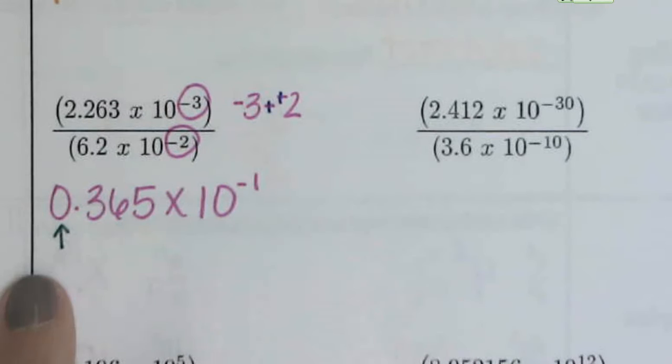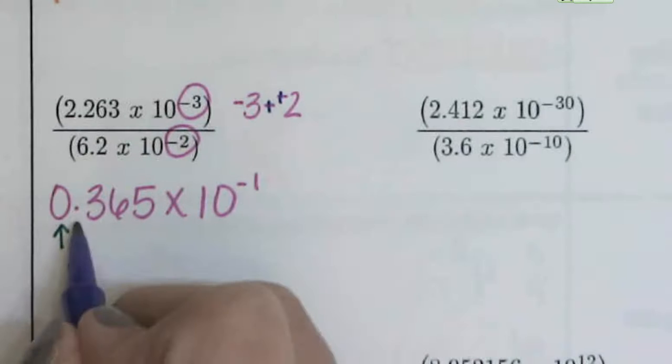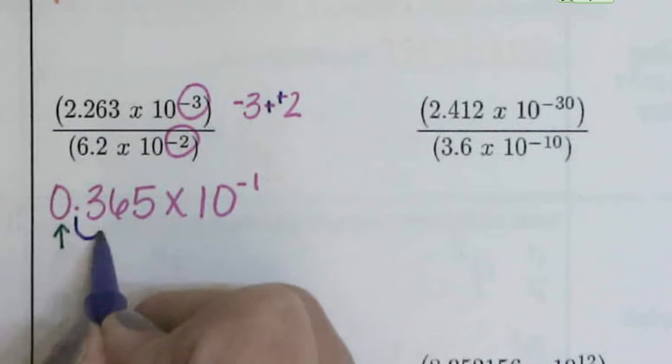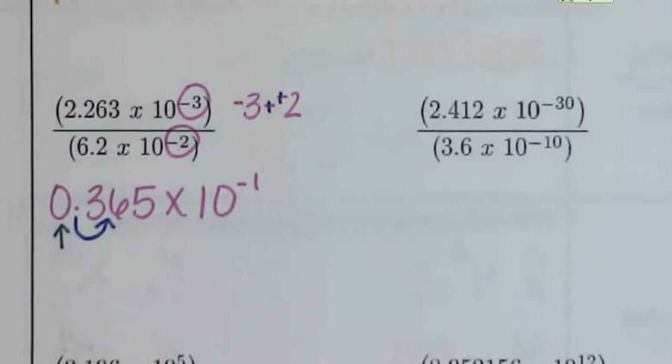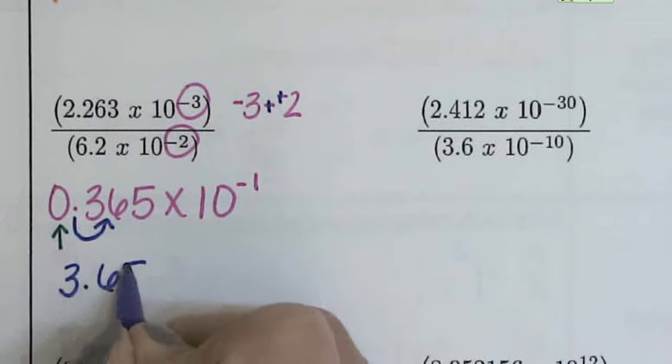So let's stop and think about this logically. If you remember yesterday, I said to think about this logically. If I started on this original problem and I looked at an exponent of negative 1, it was telling me that I was going to move my decimal place one place to the left. Well, now I just moved this farther away. So in order to get to that one place to the right, I'm actually going to have to do 2 jumps.